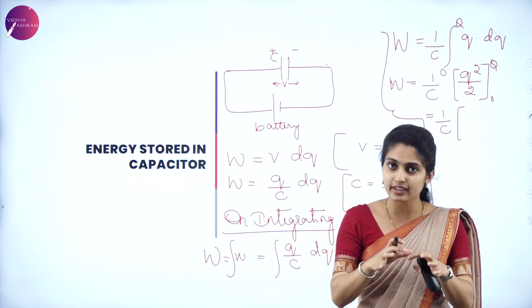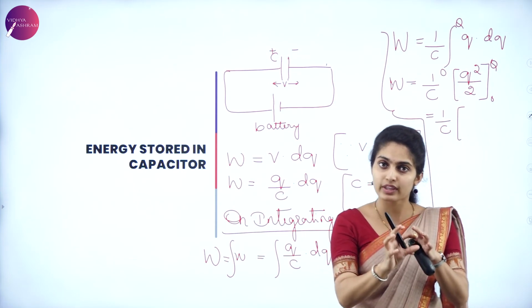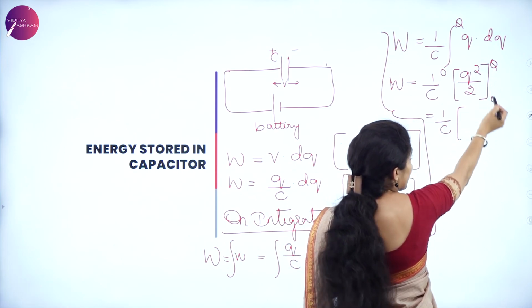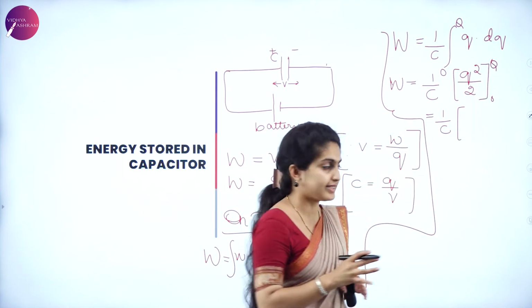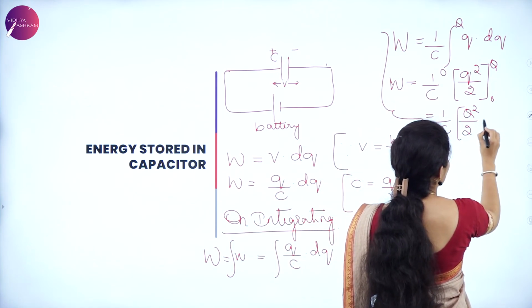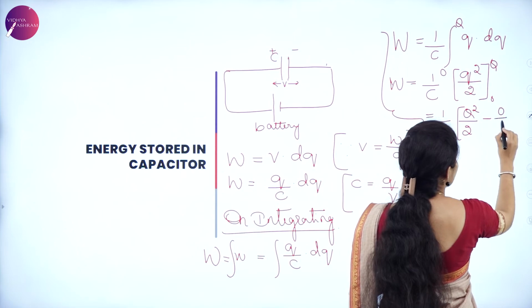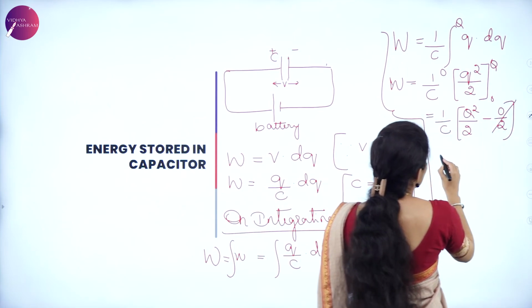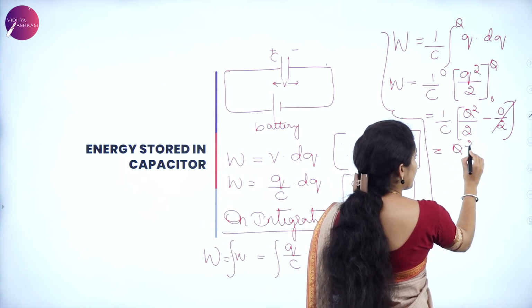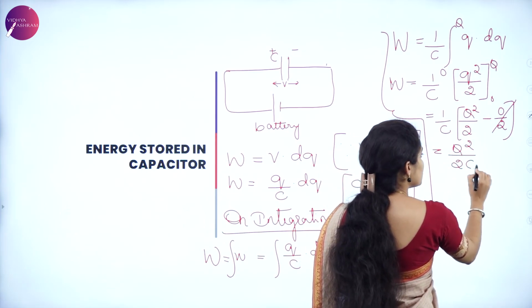After integrating, for that variable you replace it by the numbers in the limits. So it is Q square divided by 2 minus 0 divided by 2. So you are left with W is equal to Q square divided by 2C.